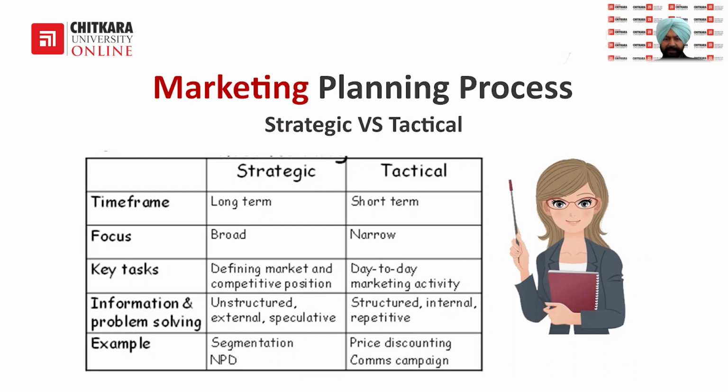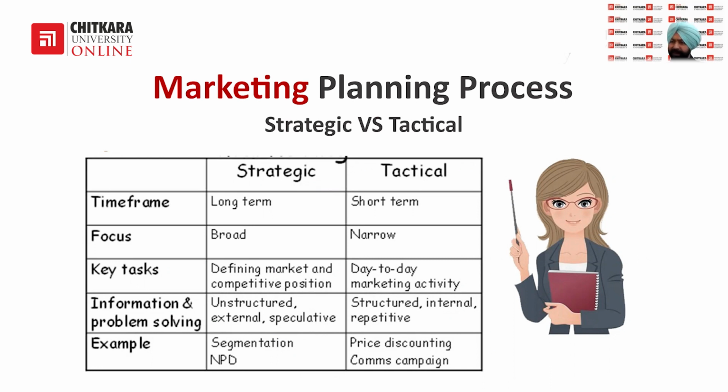Strategic is speculative because they're looking at a desired state. They're saying if we do this, 10 years from now, we'll reach here, or 20 years from now, or 15 years from now. So it's speculative. Whereas tactical is structured, internal, repetitive.